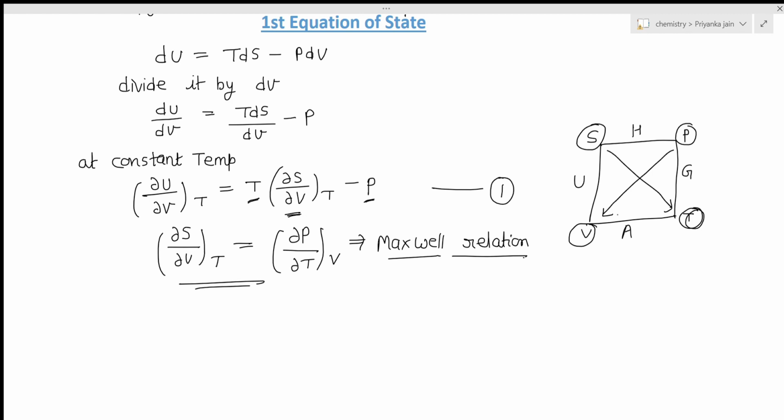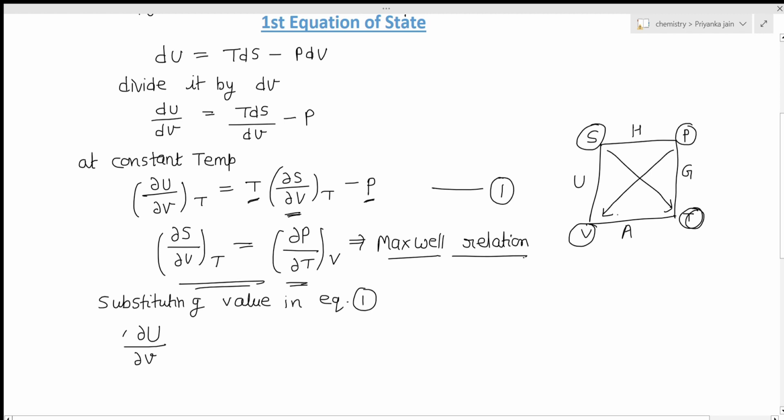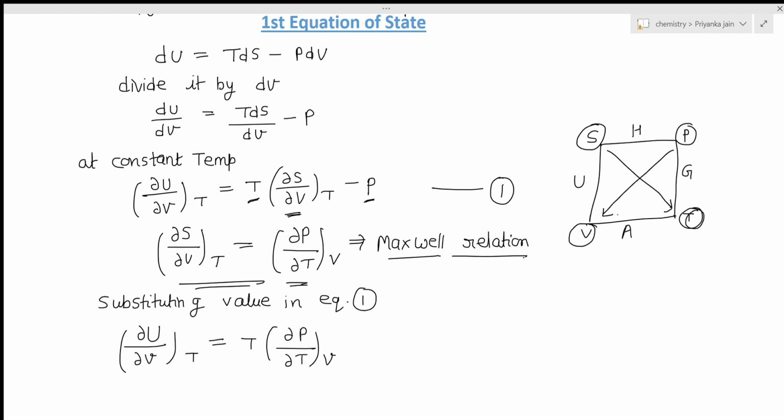Now we are putting this value in equation number 1. Substituting the value in equation 1, we get del U upon del V at constant temperature is equal to T del P upon del T at constant V minus P. This is called the first equation of state.